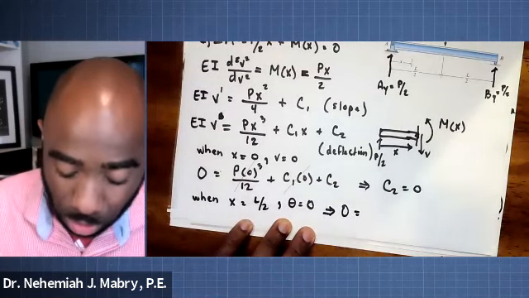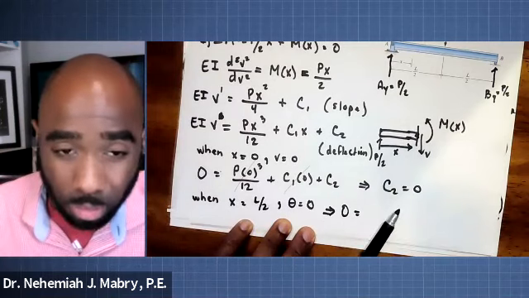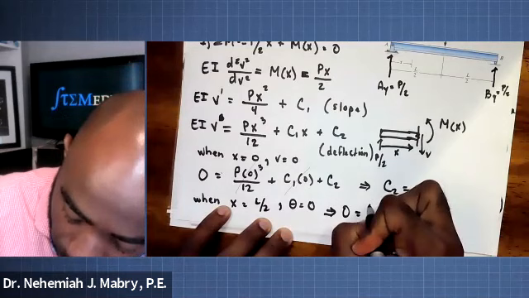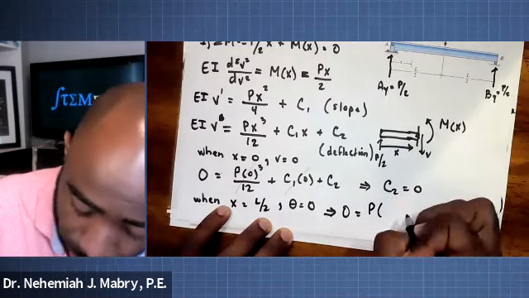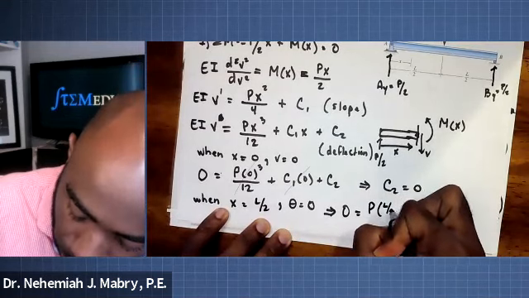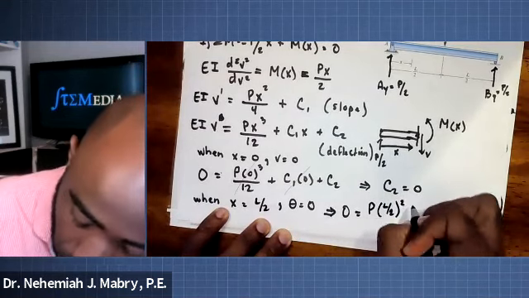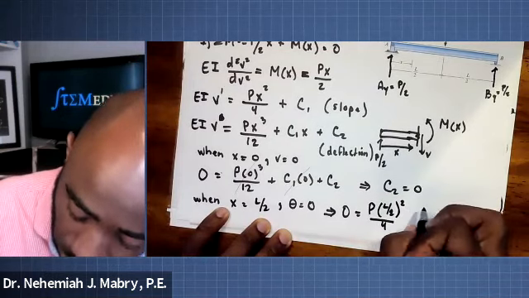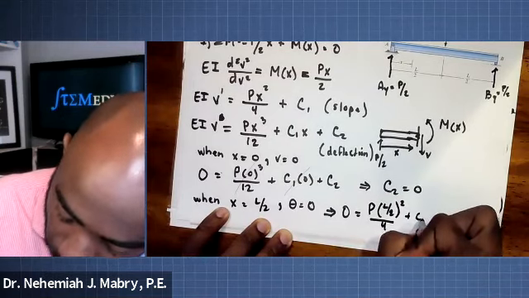In the equation, P is not times 0 because we're plugging in L over 2 for X. It's L over 2 squared over 4 plus C1.